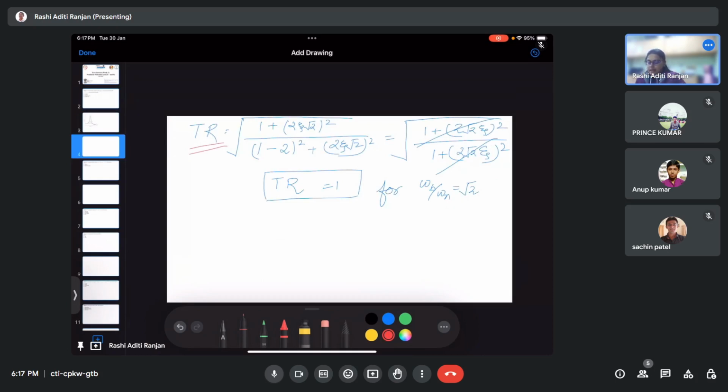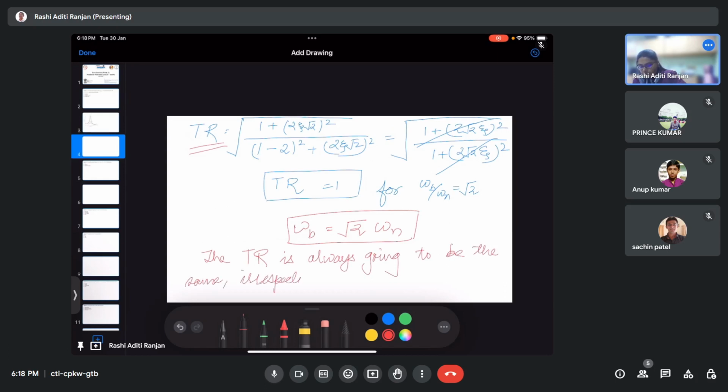This physically means that for the source vibration, if the frequency of vibration is under root 2 times the natural frequency, which is omega b equals under root 2 times the natural frequency, the transmissibility ratio is always going to be the same, irrespective of the damping coefficient epsilon.